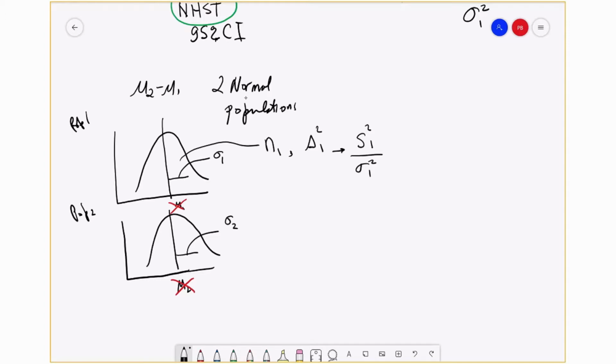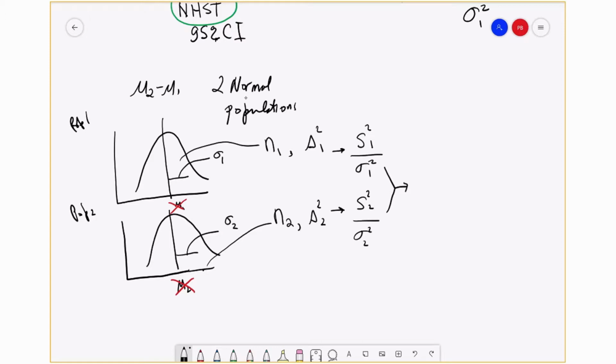And then from our second population, we're going to take a sample based on a sample size of N2. And based on that sample, we're going to calculate S squared 2. And we can think about the ratio of S squared 2 over sigma squared 2. And then we take the ratio of these two ratios.